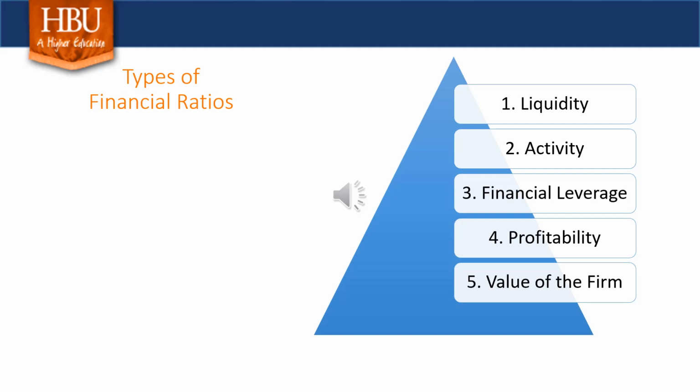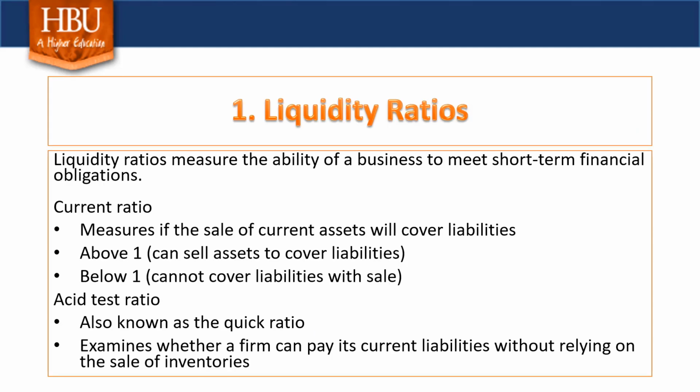They are financial ratios: liquidity, activity, financial leverage, profitability, and the value of the firm. These are all ways that we can determine the value of where we are financially at a given point in time. We are going to go over each of these 5 financial ratios in the upcoming slides.